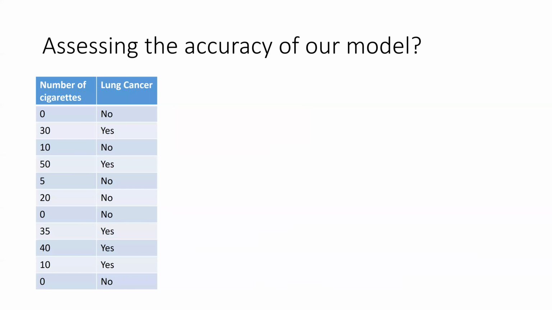So how can we assess the accuracy of our model? Remember, back in PM272, we looked at decision trees. We split our data into a training set and a test set. We use some data, usually 75%, to train the classifier.